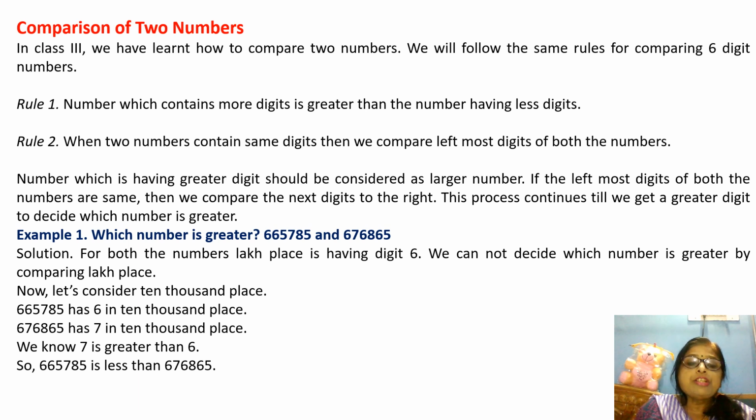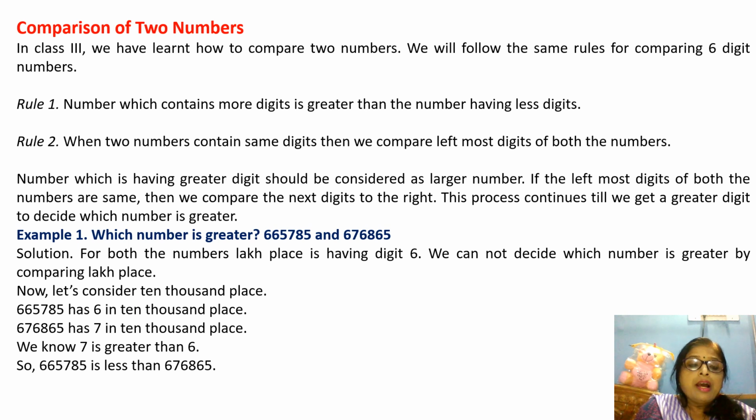Example: which number is greater, 6,65,785 or 6,76,865? Now the solution is given here. For both the numbers, the lakh place has 6. So we cannot decide which number is greater by comparing the lakh place. Now let's consider the 10,000 place.